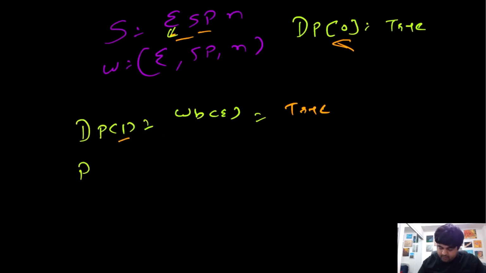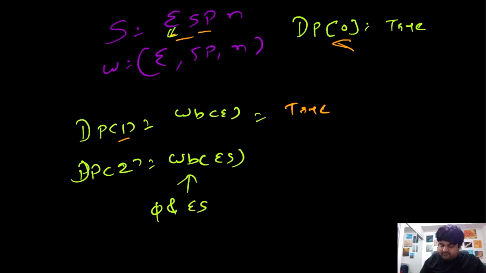So dp of 2 would be calculating the word break for es. Now we know that we can break down the word break for es in two parts. Either we can take an empty string and check for this value es, or we can take the word break for the value e and check for the value s in this given word dictionary.